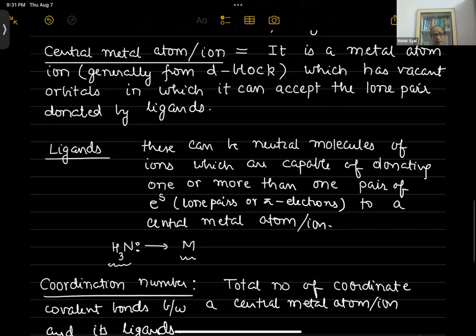You need to be very clear on the definitions, because they will ask you the definitions, right?